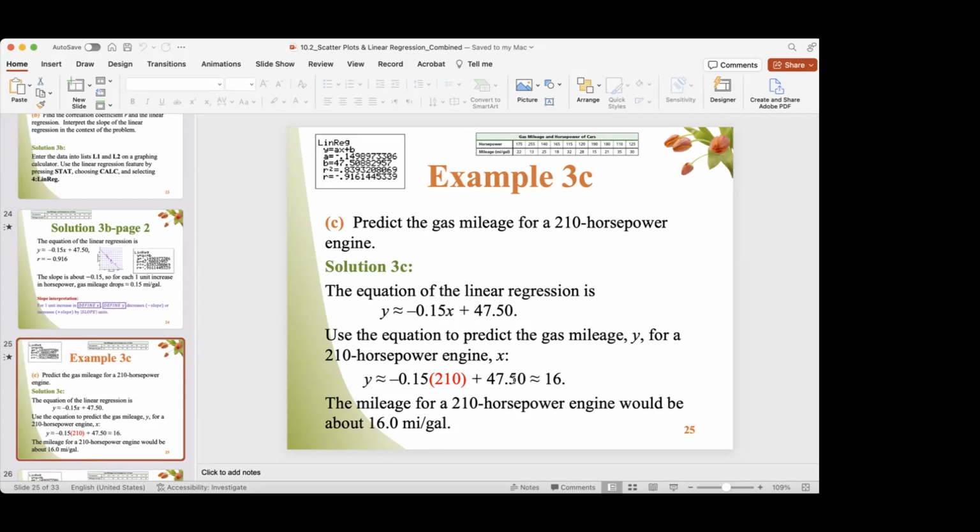When you put this in your calculator, you get approximately 16. What does that mean? With a horsepower of 210, your mileage is 16 miles per gallon.